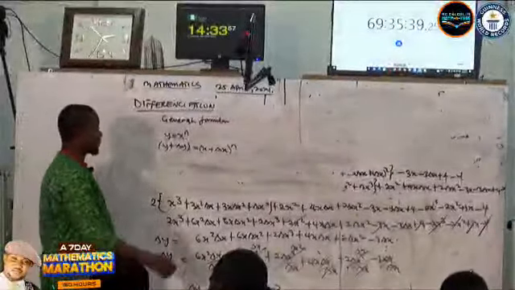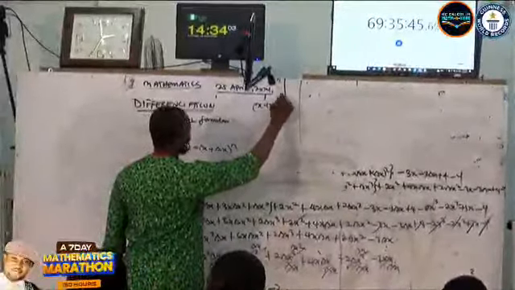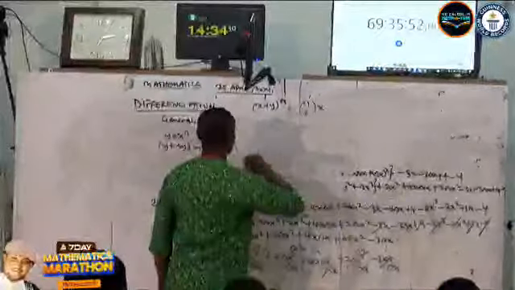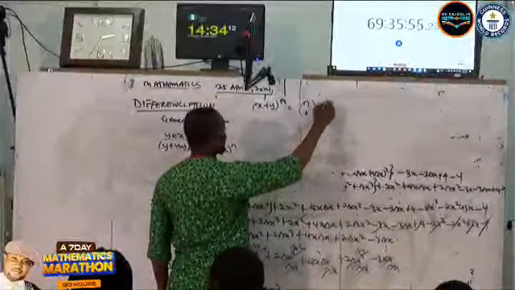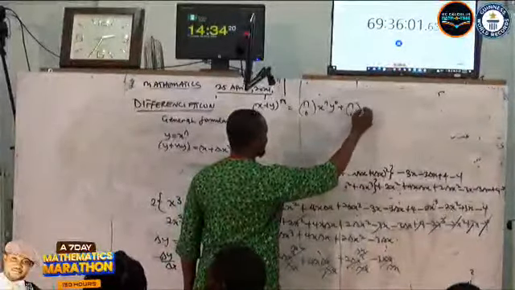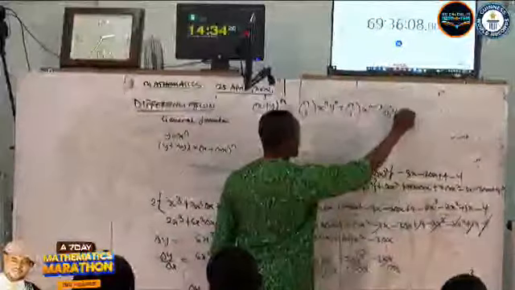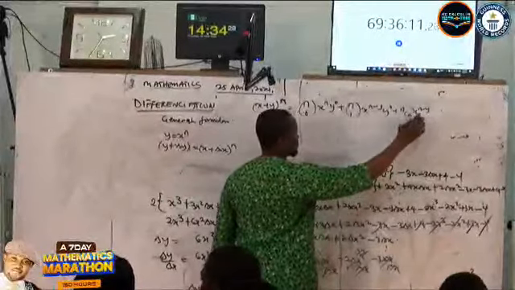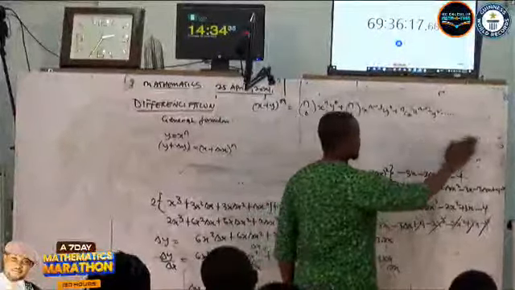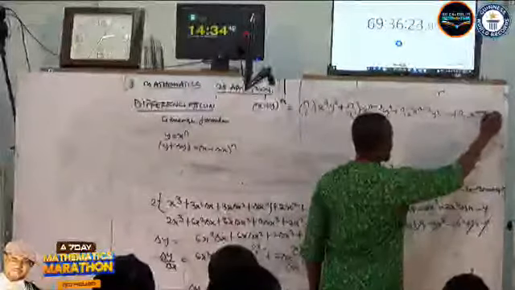Binomial theorem. That is that if you have x plus y to the power of n, that is going to equal what? n combination 0, x to the n, y to the 0, plus n combination 1, x to the n minus 1, y to the 1, plus n combination 2, x to the n minus 2, y squared, till you get to n combination r, x to the n minus r, y to the r.